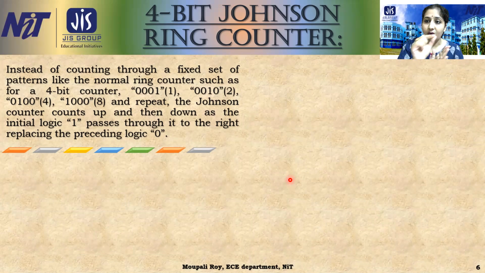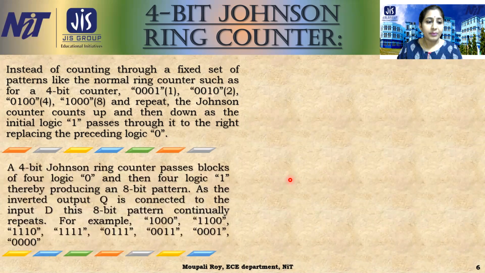Whenever we are giving the 1, in that case we are getting zeros. For a 4-bit Johnson ring counter, first four logic 0s, and then four logic 1s, therefore producing an 8-bit pattern. As the inverted output Q is connected to the input D, this 8-bit pattern is continuously repeated.